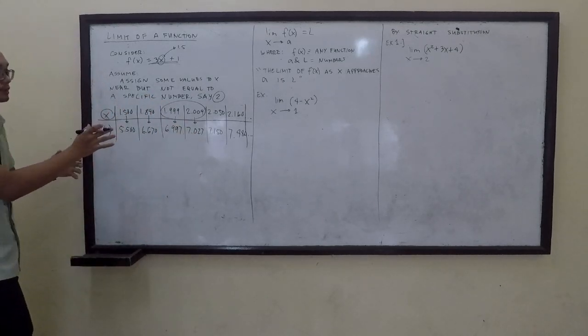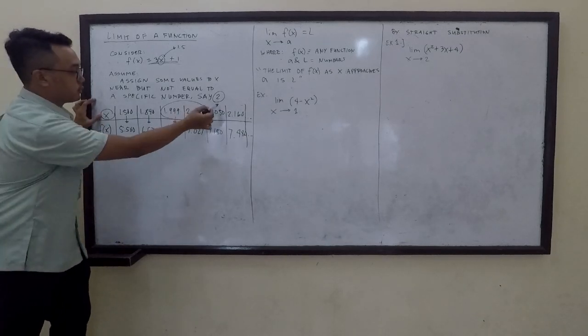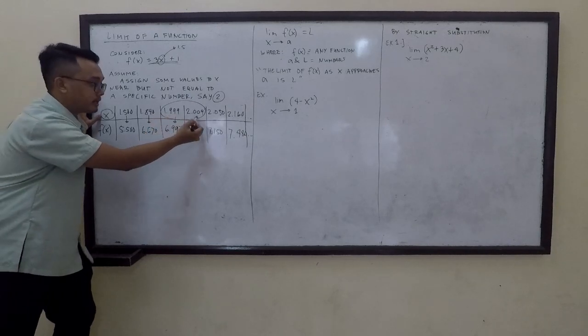So the closest values of x to 2 are 1.999 and 2.009.